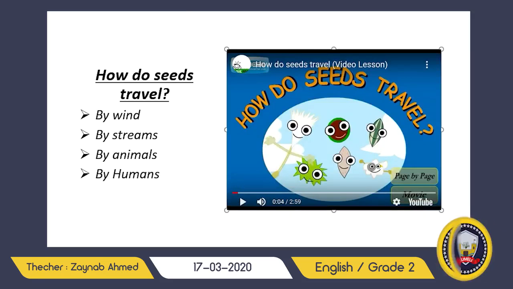So you see, there are different ways in which seeds travel, and in this way we get plants at different places.